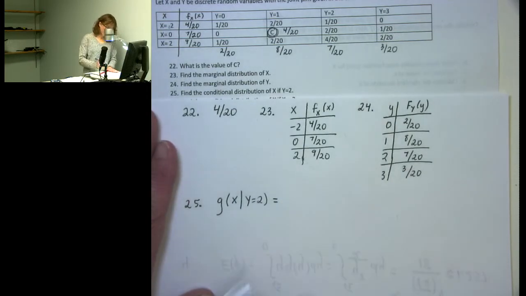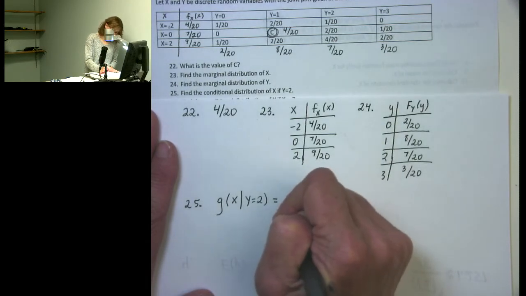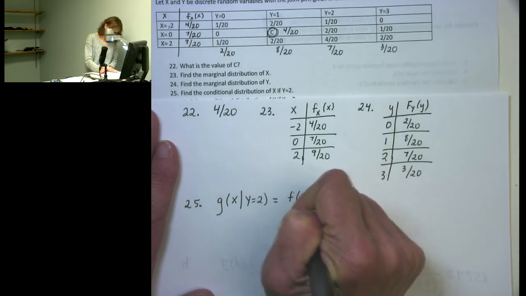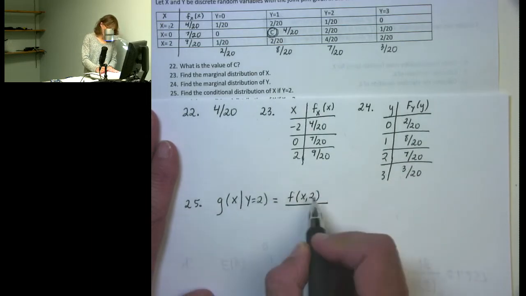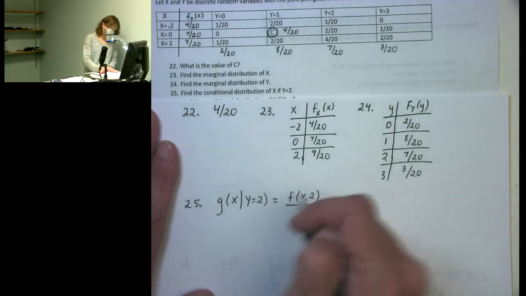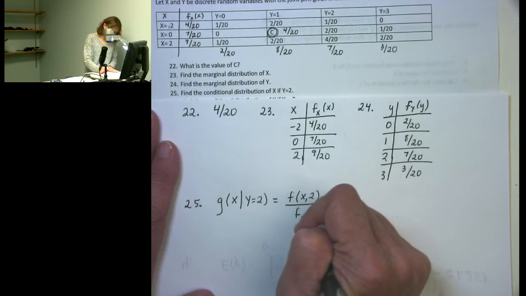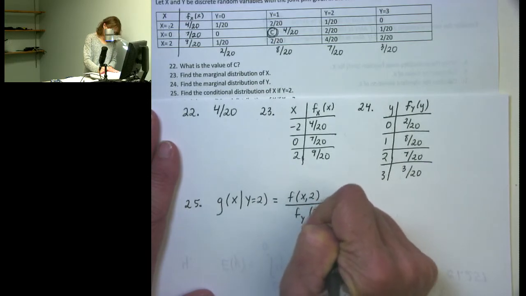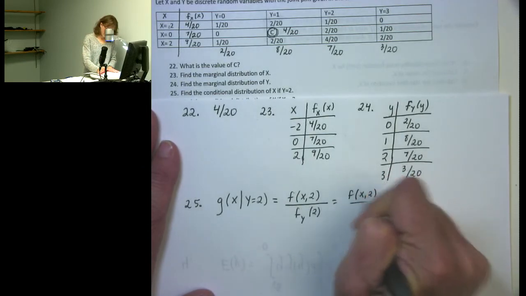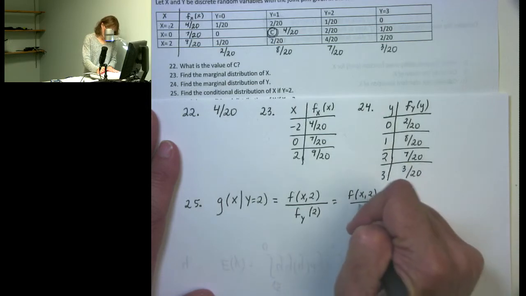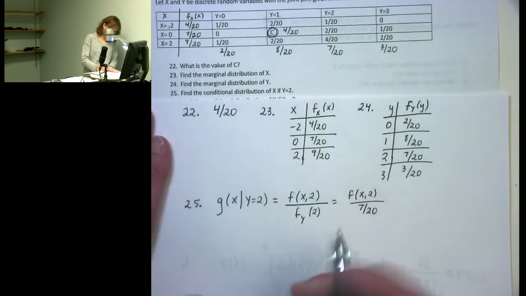So the way that I do this is for each value of x, I'm going to take the joint probability of x being equal to that value little x and y being equal to 2 and divide it by the probability that y is equal to 2. I know the probability that y equals 2 is 7/20. So I'll start through my different values of x.